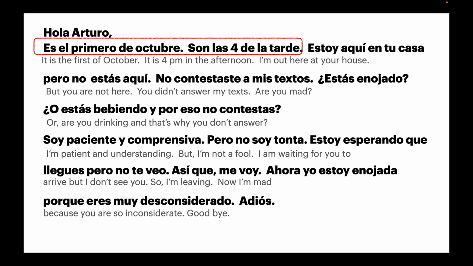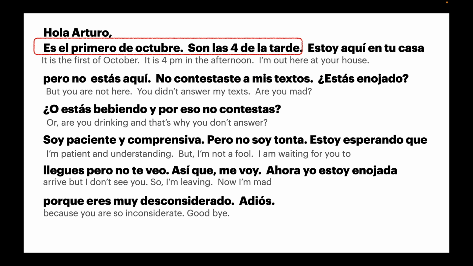Soy paciente y comprensiva, pero no soy tonta. Estoy esperando que llegues, pero no te veo, así que me voy. Ahora yo estoy enojada, porque eres muy desconsiderado. Adiós.